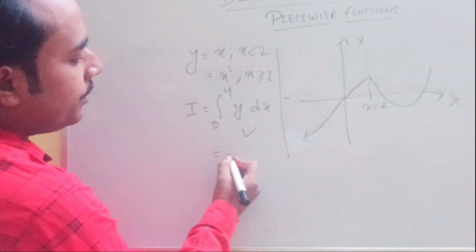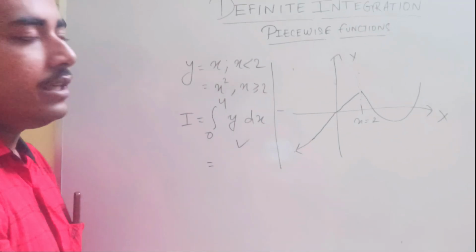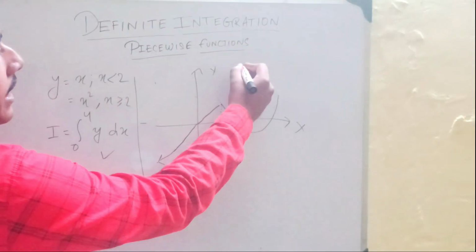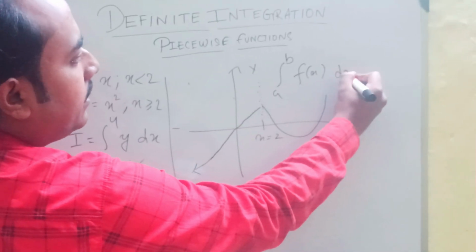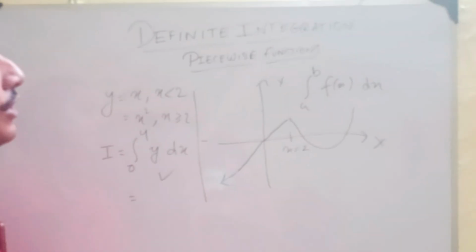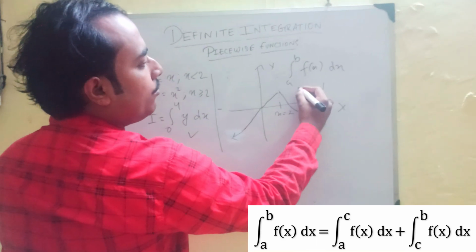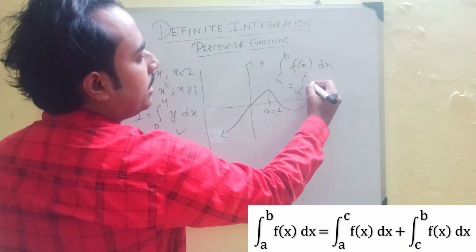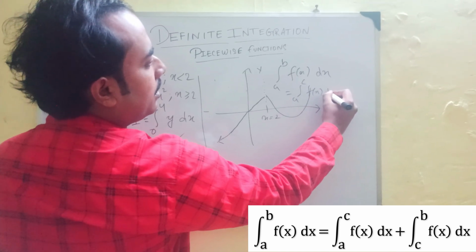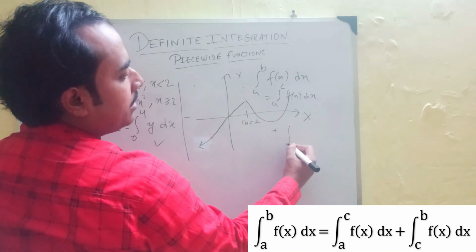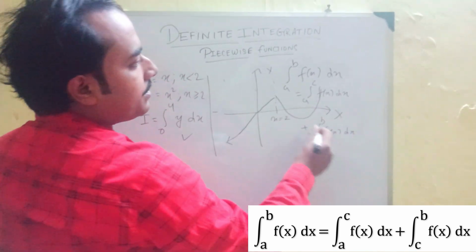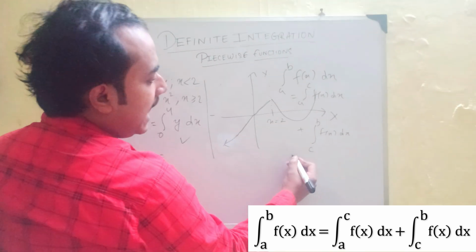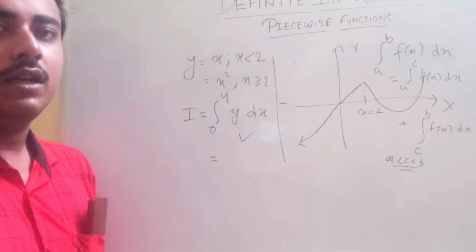So what we are going to do is, we are going to first break up the limits. You have known in definite integration that the definite integral a to b f(x) dx can be broken down into 2 parts, a to c f(x) dx plus c to b f(x) dx if f(x) is continuous at all points between a and b and a is less than c less than b.